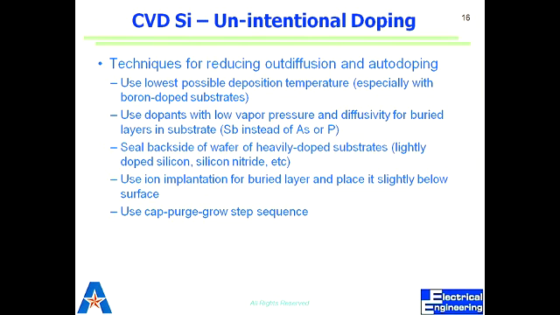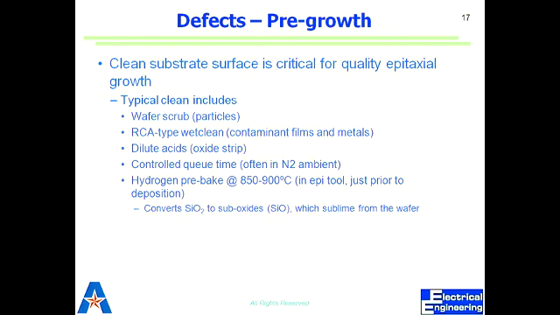Or we cap it. Once we do the layer, we cap it, we remove everything, and then we grow it again. We again stop the process, we remove everything, and so in that case the epi would occur in steps. So these are steps you do.